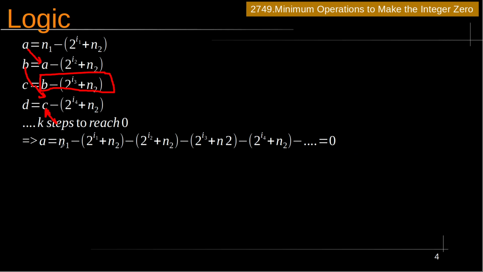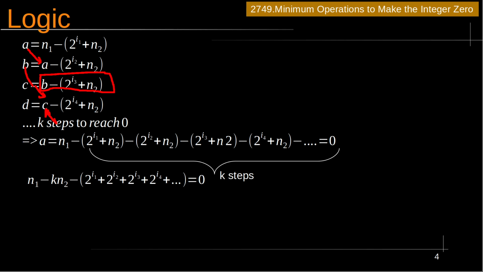A is equal to n1 minus 2 power i1 plus n2 minus 2 power i2 plus n2 minus 2 power i3, etc., up to k. How many times will this expression be equal to 0? How many times do we have k steps here? Okay, so this is the easy math now. We can say that n1 minus k times n2, because we have k steps here for n2, minus all these powers equals 0.